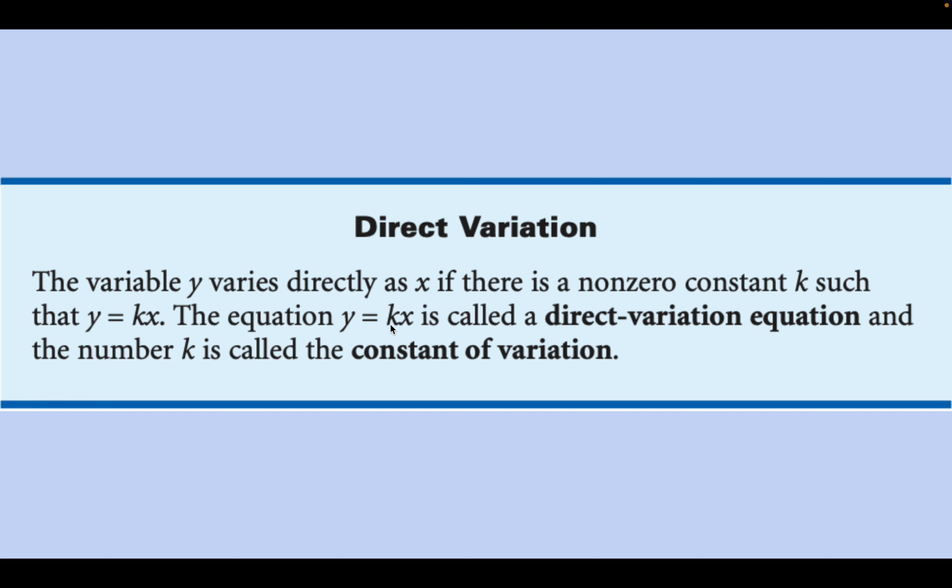So basically, this is going to be, say, the rate or the variable that you will be modifying in your word problem. For example, how fast you eat hamburgers. This would be your k.